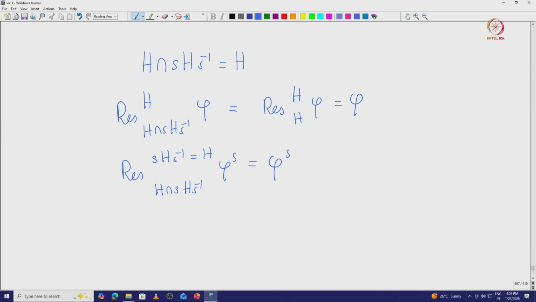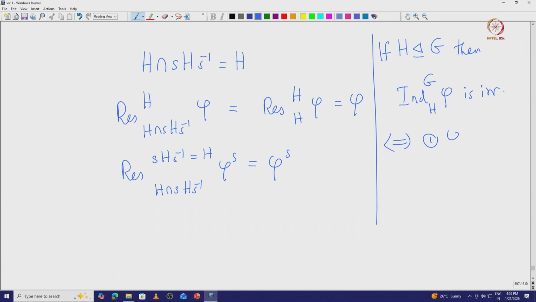So, now we can simply rewrite in this case when H is normal in G. Then the induction of phi from H to G is irreducible if and only if phi is irreducible, that is important.